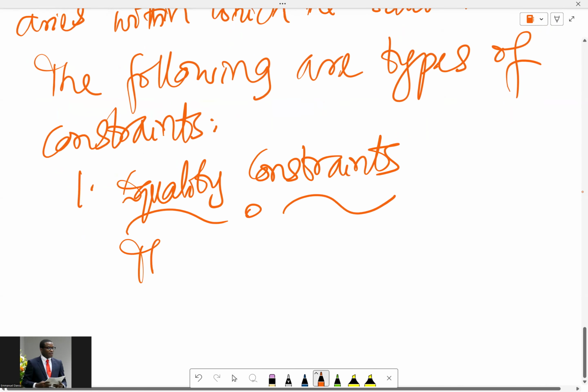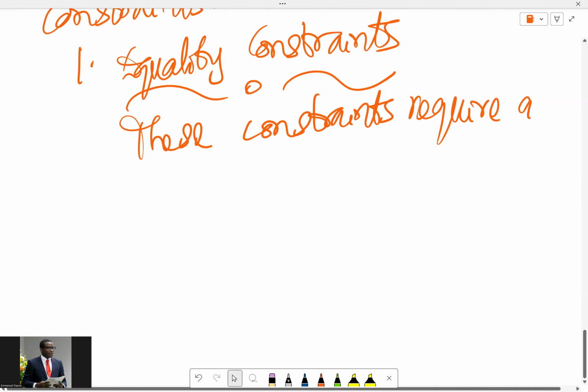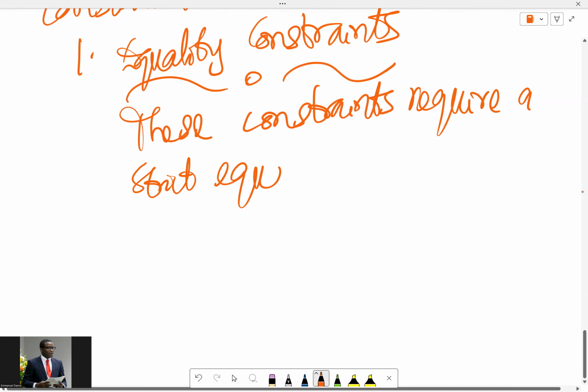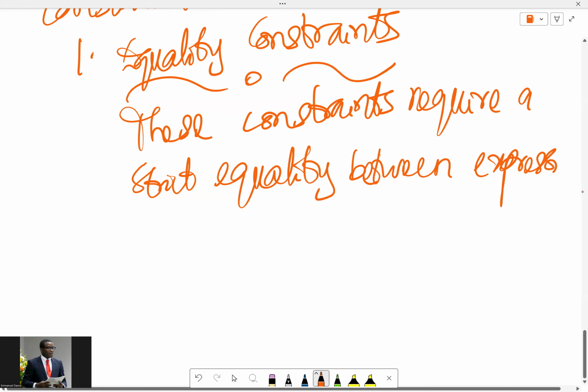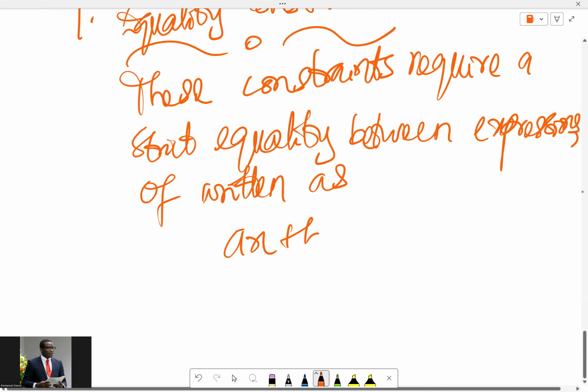These constraints require a strict equality between expressions, often written as, say, ax plus by equals c.